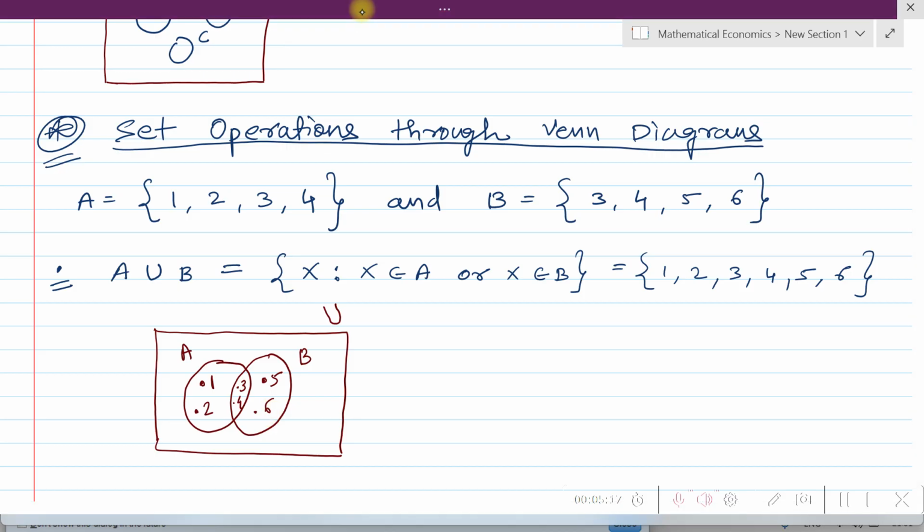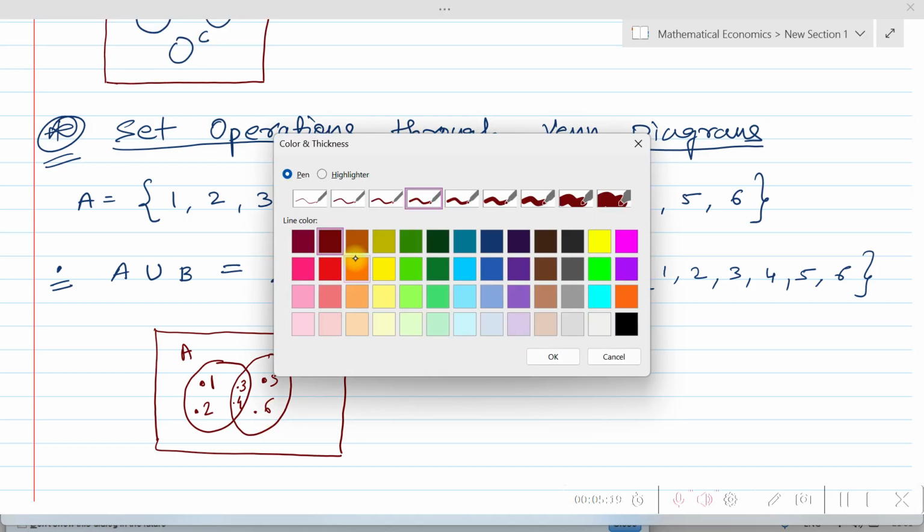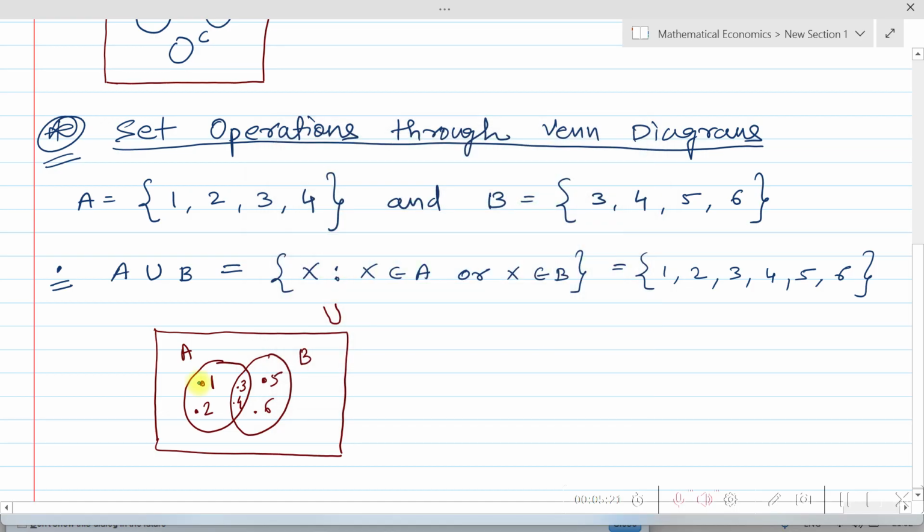So A union B is this entire shaded area. This is A union B.